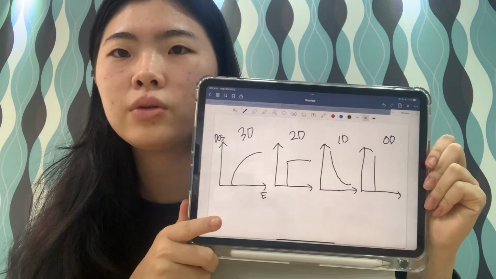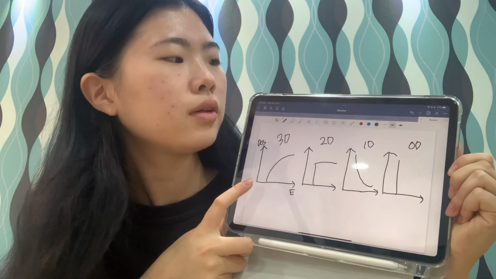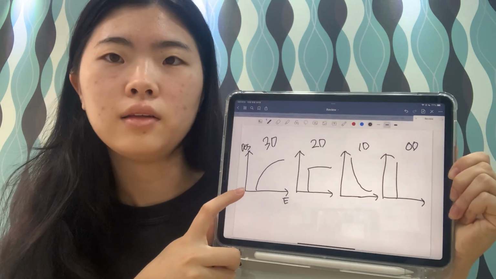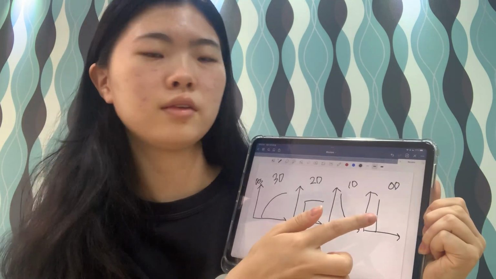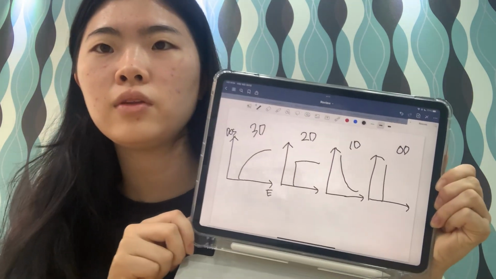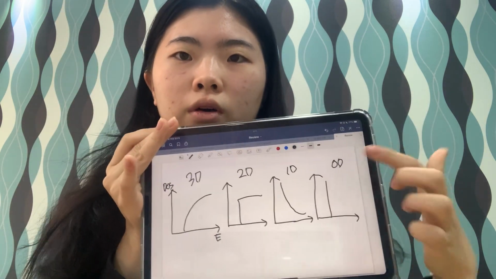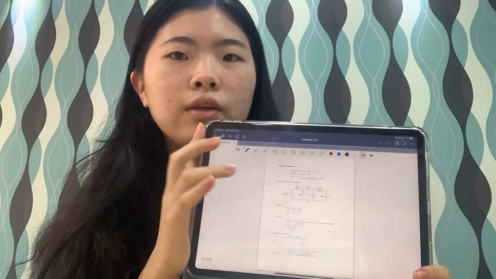So I drew all the graphs for those dimensions. The three-dimensional graph looks like this, and then two dimensions, one dimension, and zero dimension. Zero dimension means the quantum dot, so it has only one energy, a discrete density of states.